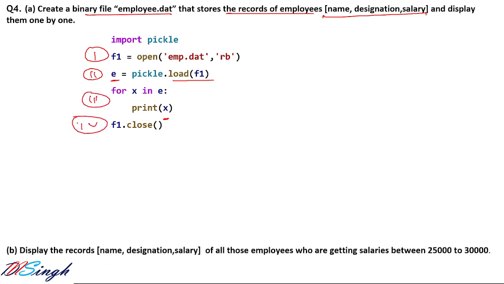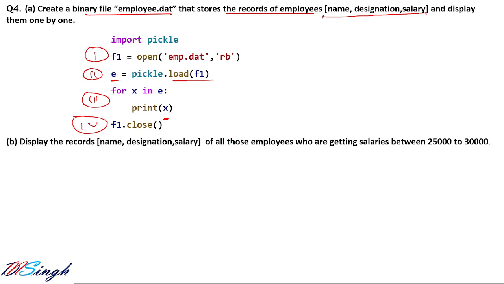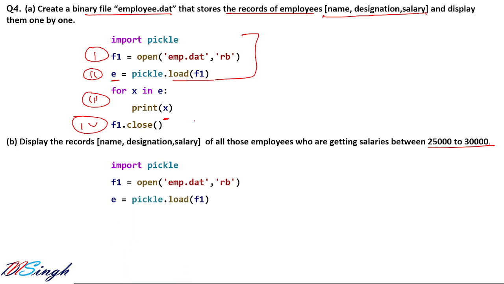So very simple. Next, B part: display the record of all those employees who are getting salary between 25,000 to 30,000. Now we have to be careful, because we need to put a condition where salary should be compared. Up to that part it is the same: import pickle, open the file, load the content.